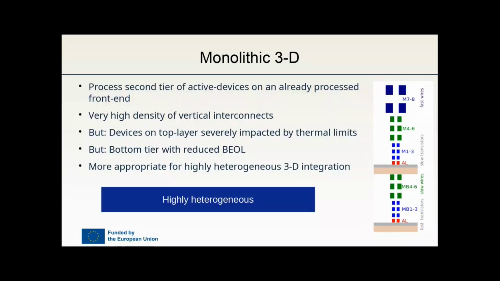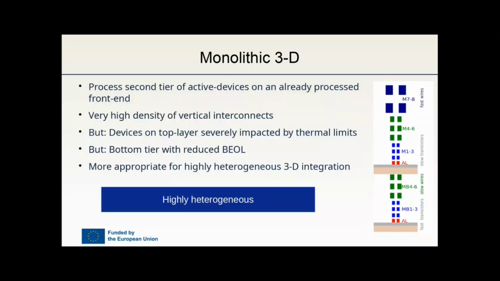Nevertheless, this kind of technology had some fundamental limitations. The first one is that when we produce the devices, the transistors in the upper layer, the temperature profile that we are using affects negatively the chip that we have produced in the lower part.